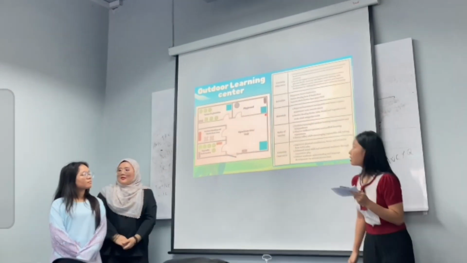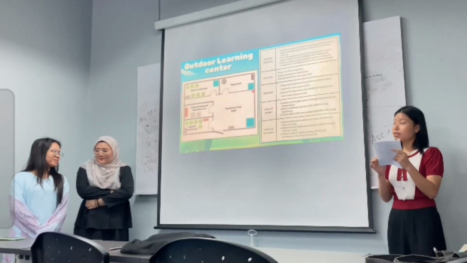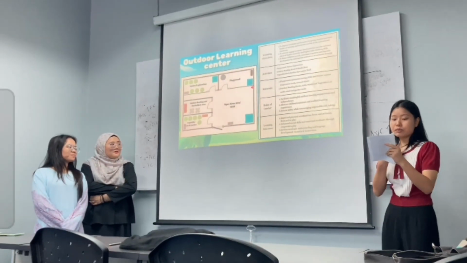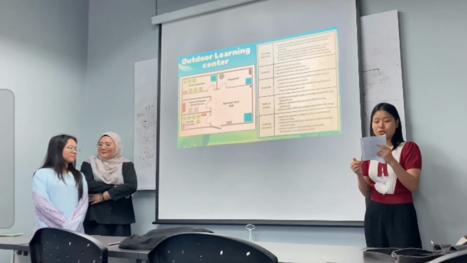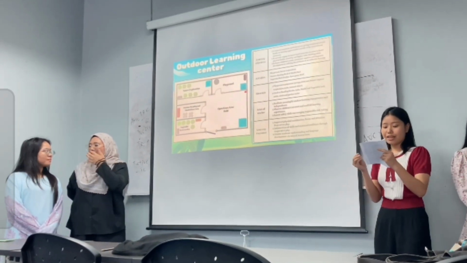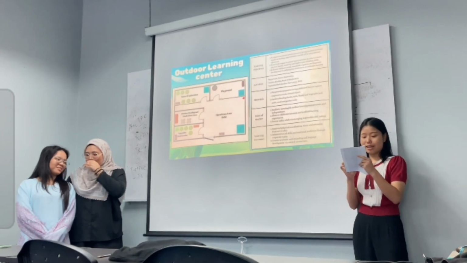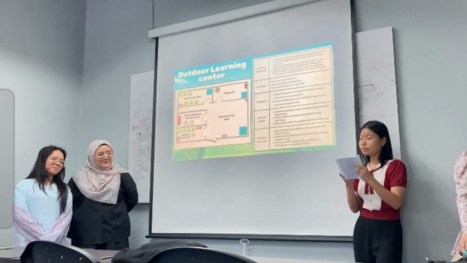So the next is the Outdoor Learning Center. Why is this? Because the Outdoor Learning Center helps students develop stronger physical coordination, focus and mental clarity through activity, movement and interaction with nature.